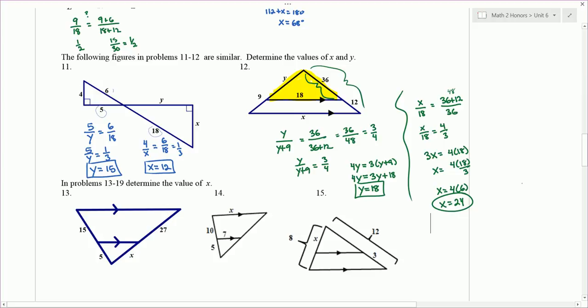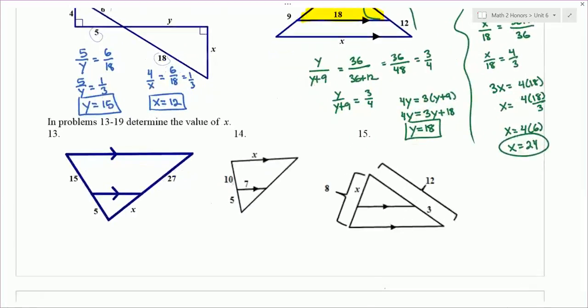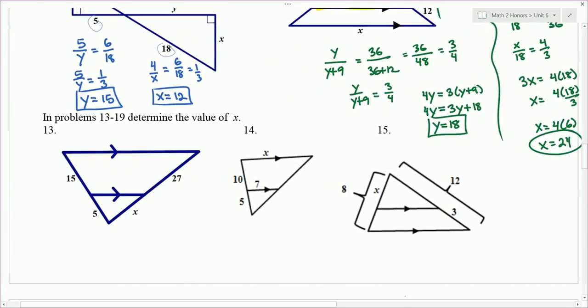In problems 13 through 19, we're going to determine the value of x. So here we have similar triangles because they're parallel, and so by angle-angle similarity.